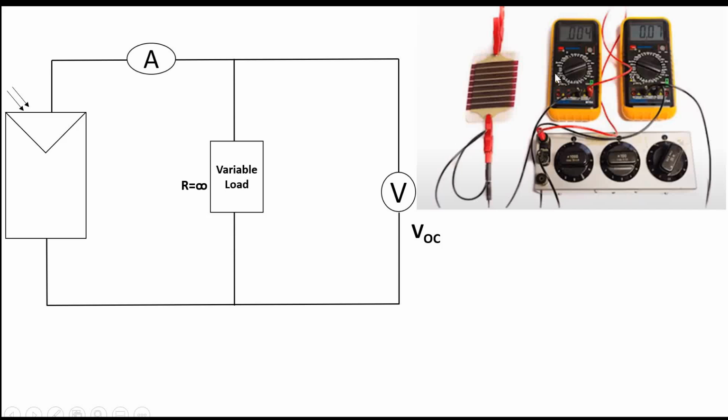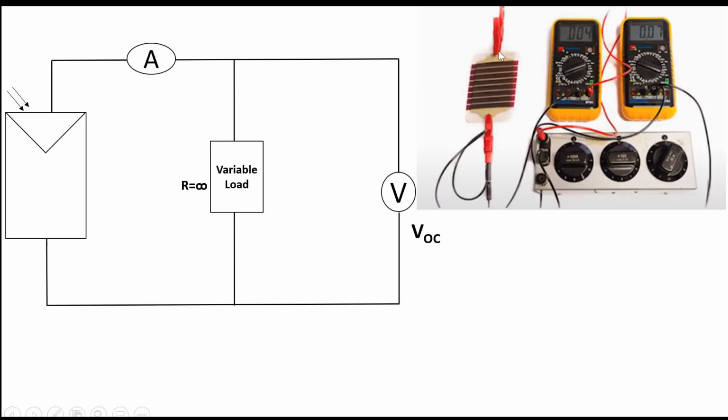When the resistance is minimum, all the current is flowing through the ammeter, so that current is maximum, ISC, and the voltage is 0 because R is 0. Okay, now when you increase the resistance, the current will be some value I, you can practically see it when you make the circuit.